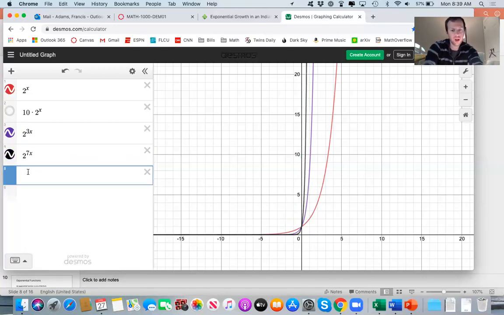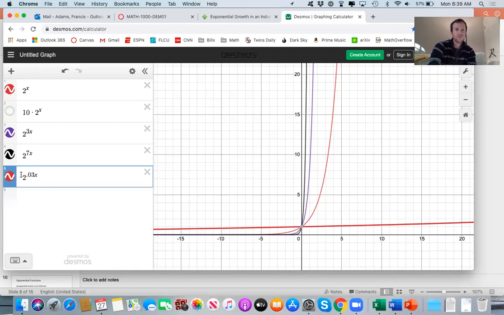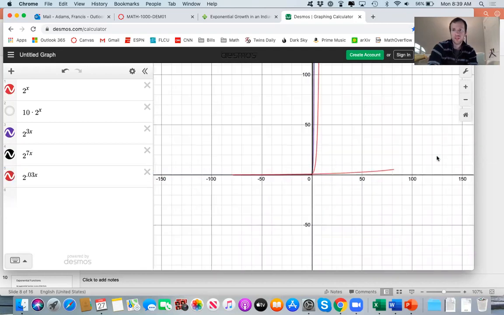And if we were to go the other way, so 2 raised to the 0.03x. So you can also make it really flat by making this closer to 0. You can see it's still growing, but it just takes a long time to get there.